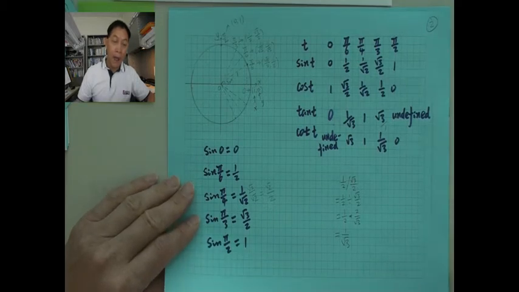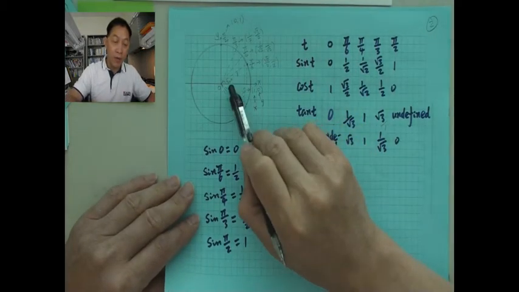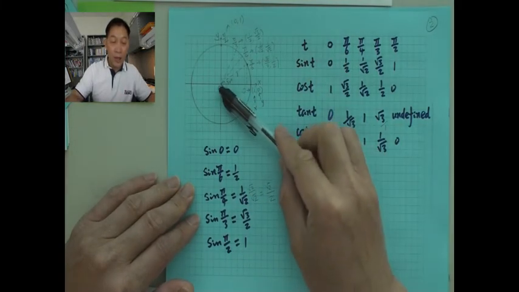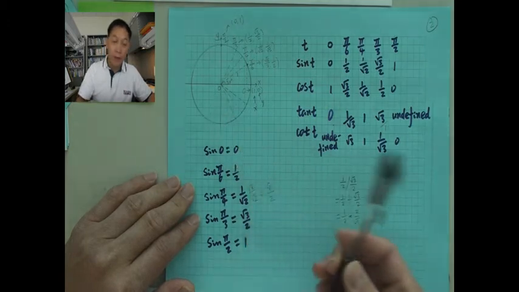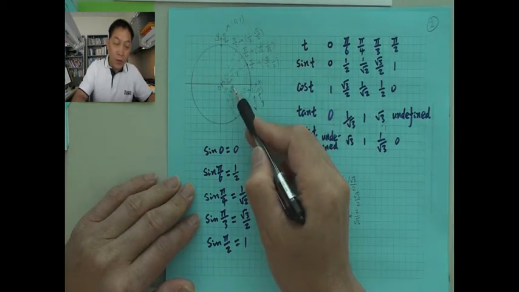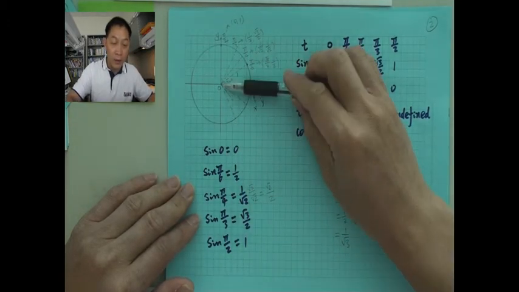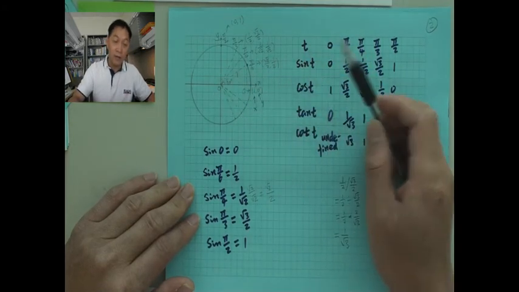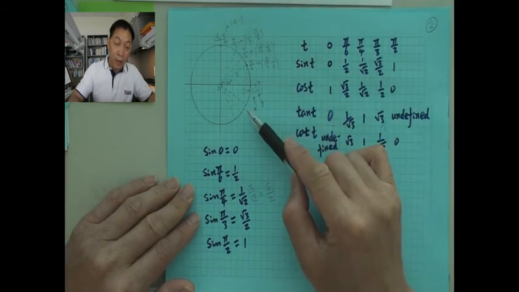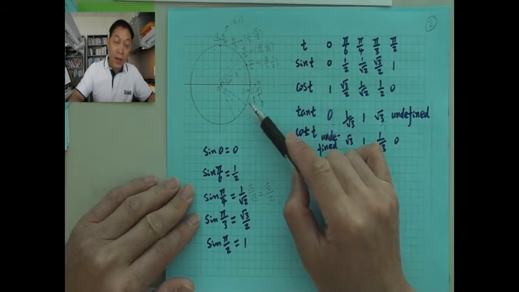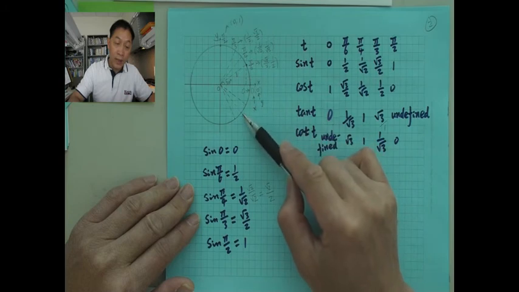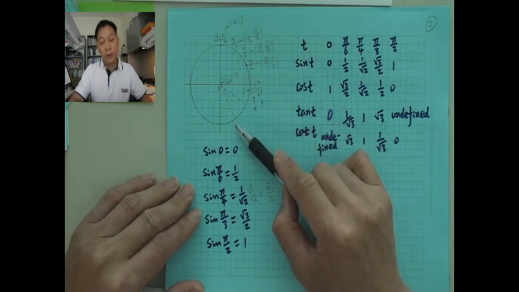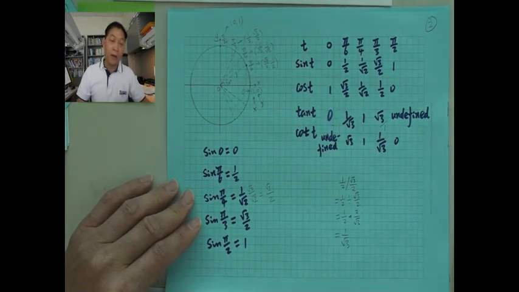Now what I did is for positive 30 degrees or positive pi over 6. You can do the negative part. Okay, you see from this initial side, rotate in the clockwise negative direction. You will have sine of negative pi over 6, negative pi over 4, or negative pi over 3. Okay, enjoy yourself with that.